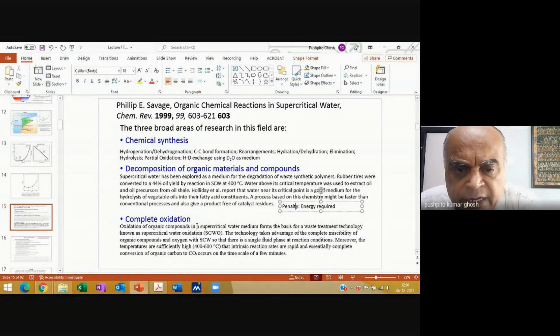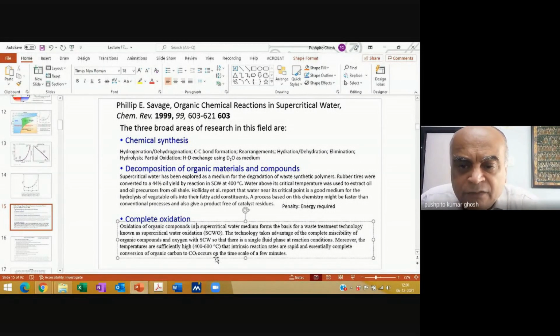This is, again, sometimes it becomes really a problem to deal with some waste. The beauty is, let's say if I'm having an effluent discharge in water, already it's in water. Now, if I can bring it to the supercritical state, of course, granted that there would be a huge energy requirement, but there would be huge advantages.